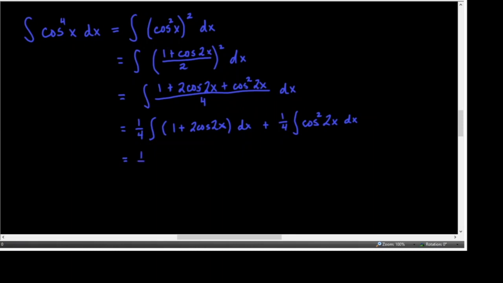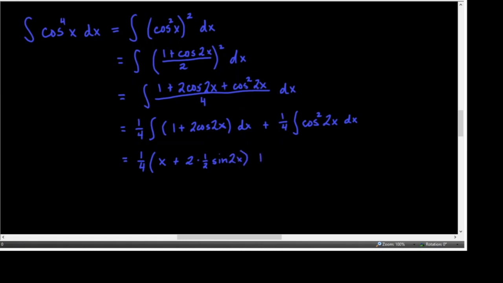Okay, so anyway, working on the first part of this, the integral of 1 is x plus 2 times, and the integral of cosine of kx, let's say, because we did this earlier, is 1 over k sine of kx, so 2x.